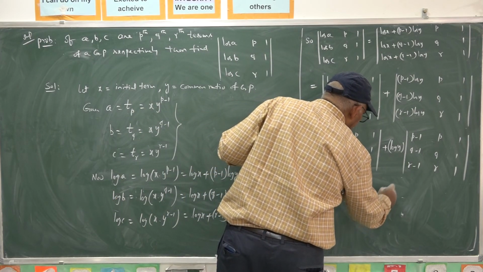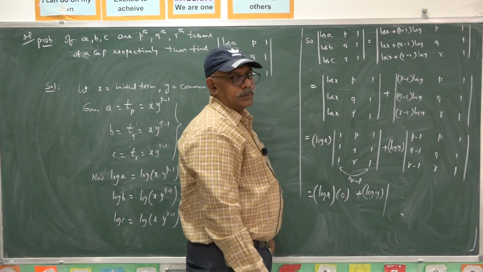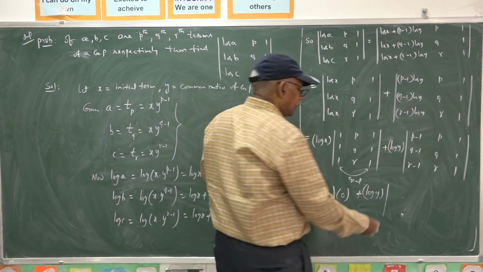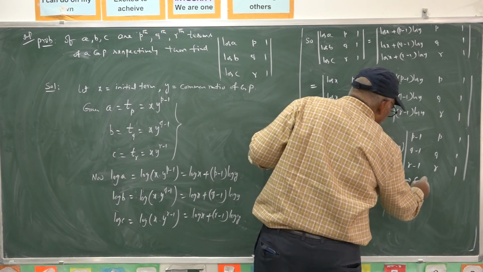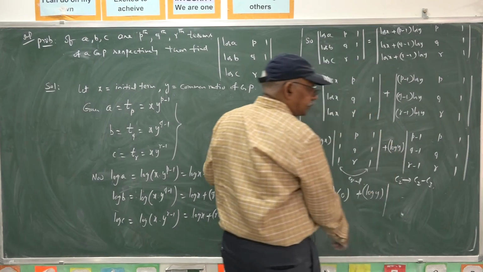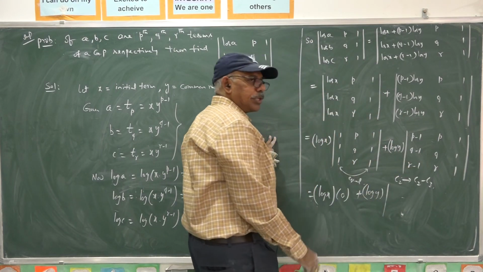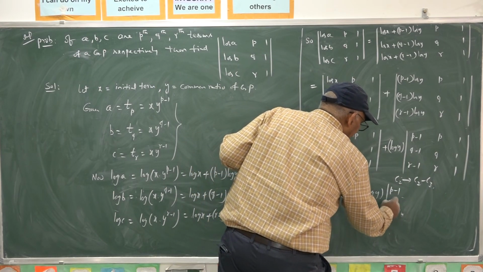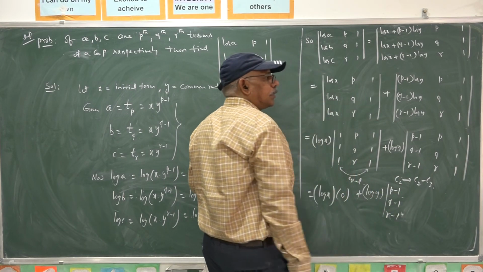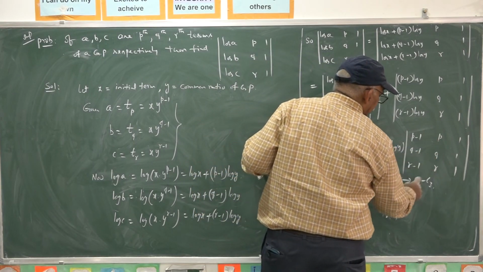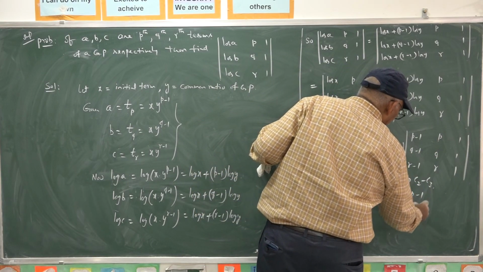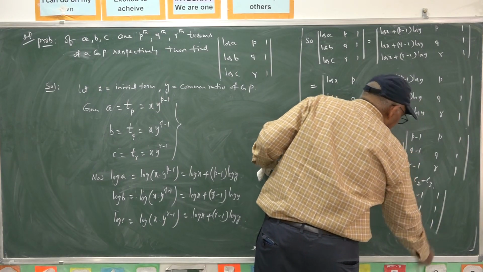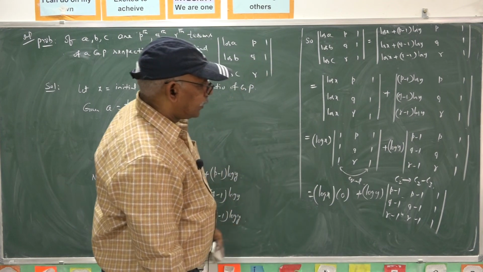Log Y into the second determinant. I will take a simple transformation between column 2 and column 3. Write C2 as C2 minus C3, so that the first column elements remain the same. The second column becomes p minus 1, q minus 1, r minus 1 minus the third column, and the remaining third column is as it is.